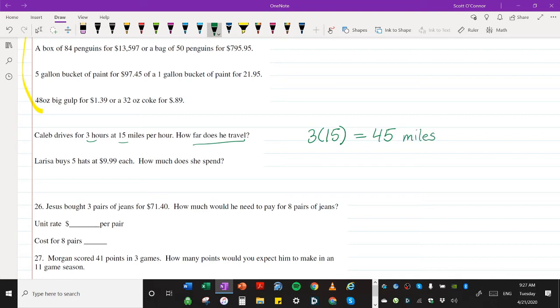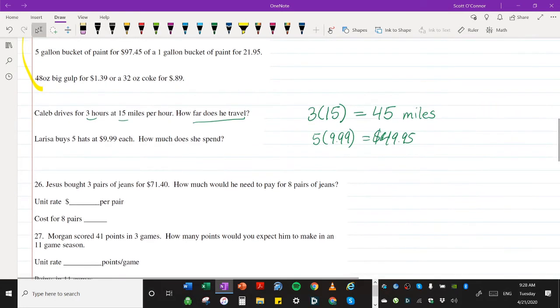All right, Larissa buys 5 hats at $9.99, 5 times $9.99, and you're going to get $49.95. Okay, that's how much it costs. That's how much he spent.